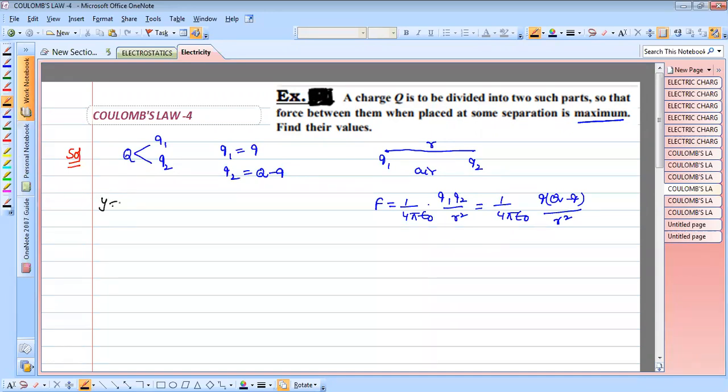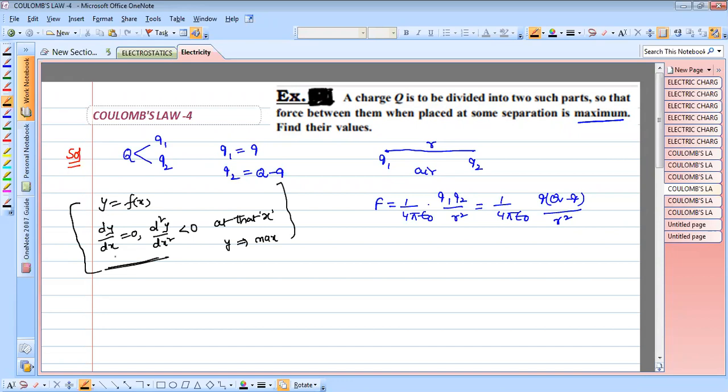For the function y equals f of x, if dy by dx equals 0 and d square y by dx square is less than 0, at that x value y becomes maxima. This is the condition for maxima. For minima, dy by dx equals 0 and d square y by dx square is greater than 0. Here we are not discussing minima, we move to the maxima.